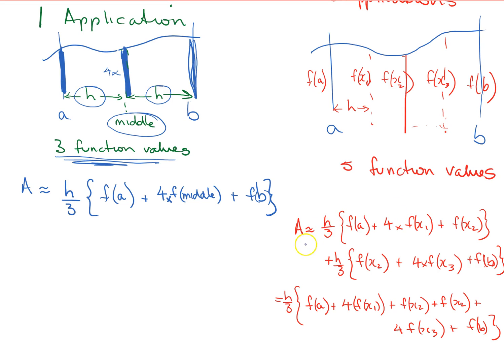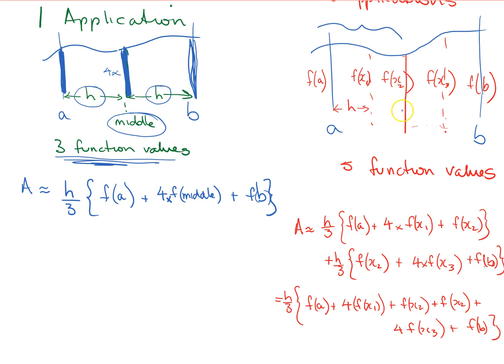So, like I said, I'll just step you through it from the beginning. Considering this as my first application, I've got H on 3, the function at A, 4 times the function at x1, the middle function in this first application, and the function at x2.